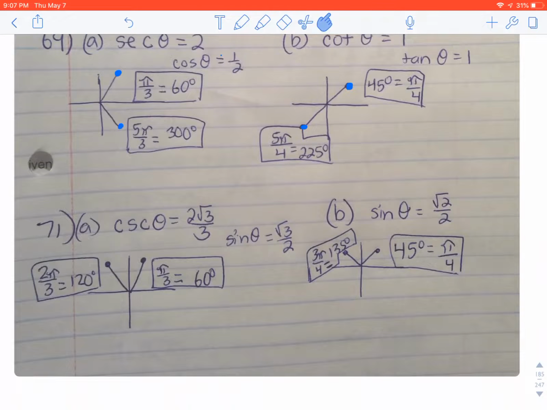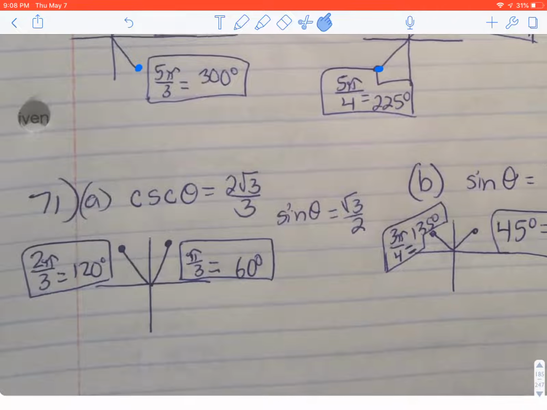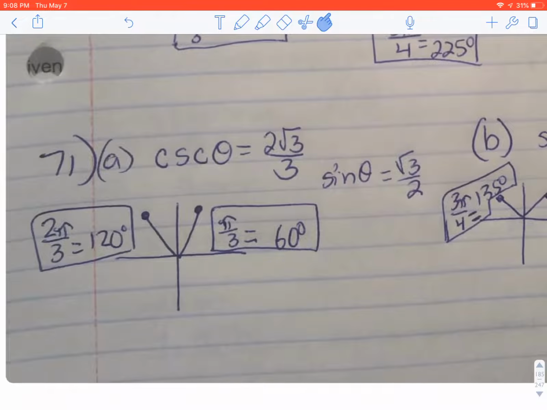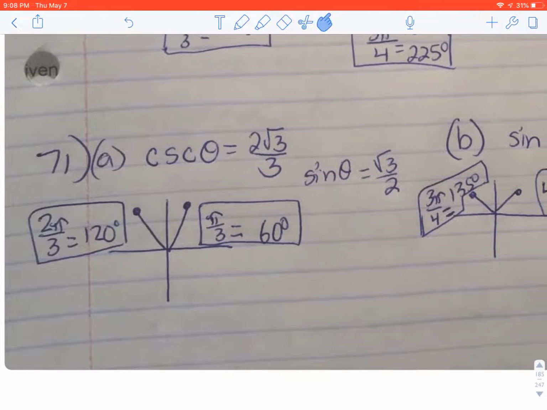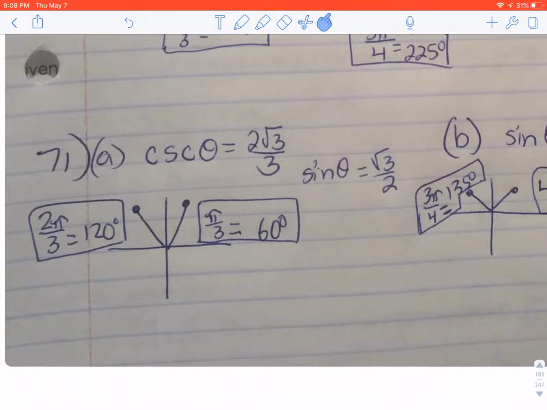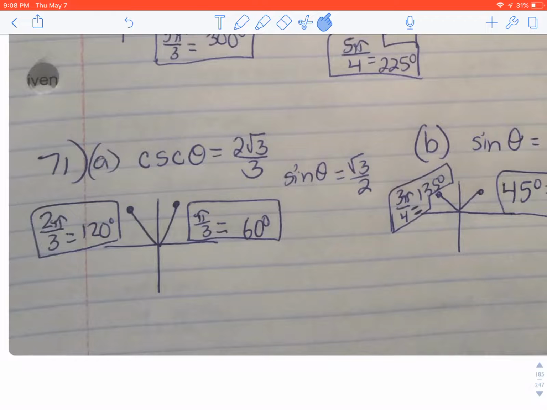71, the cosecant theta, which is equal to 2 square root 3 over 3. That's the reciprocal of sine. So it's the same thing as them asking us, when is sine theta going to be positive square root 3 over 2?